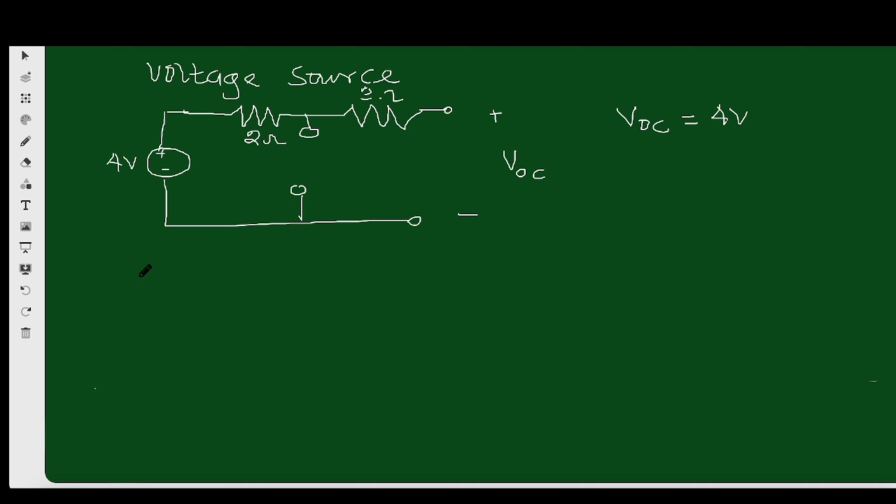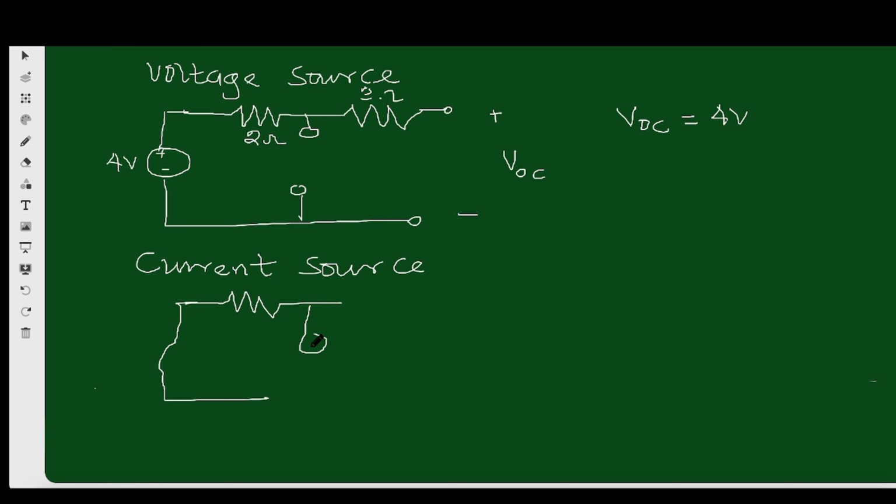So let's now get the contribution of the current source. Which means that we're going to short the voltage source. So we still have the 2 ohm here, then we have a current source.